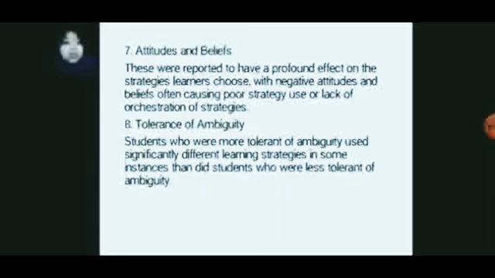The last is tolerance of ambiguity. Students who were more tolerant of ambiguity used significantly different learning strategies in some instances than the students who were less tolerant of ambiguity.